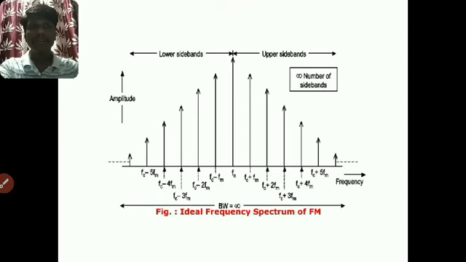In the case of upper and lower sideband frequencies, going from the maximum to the minimum carrier frequency, we have Fc, Fc minus Fm, Fc minus 2Fm, Fc minus 3Fm, Fc minus 4Fm, and Fc minus 5Fm.